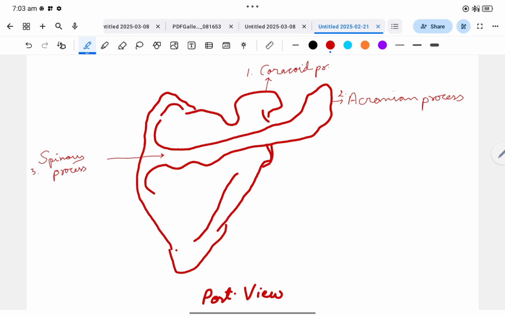Now there are three borders in the scapula. One is the medial border, the other is the lateral border, and one is the superior border.